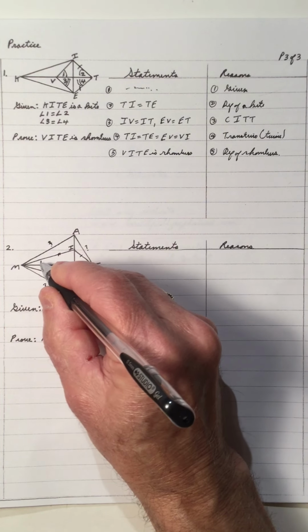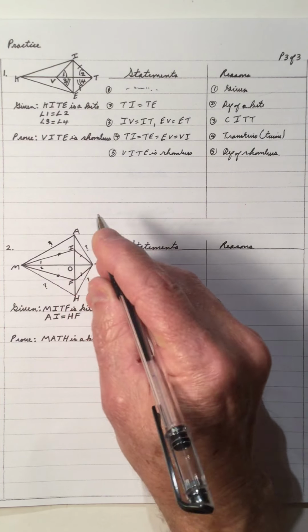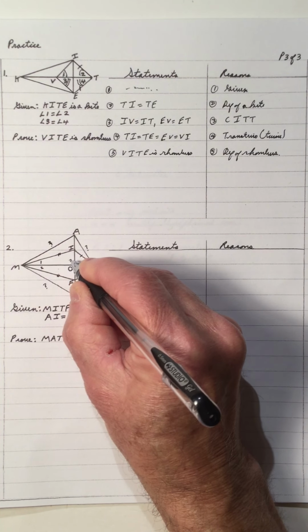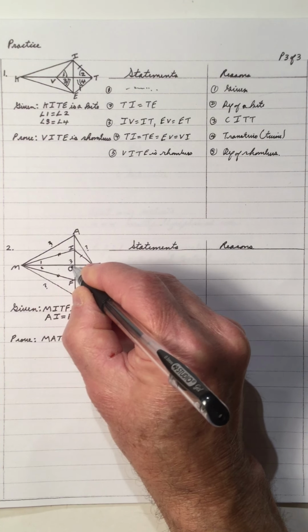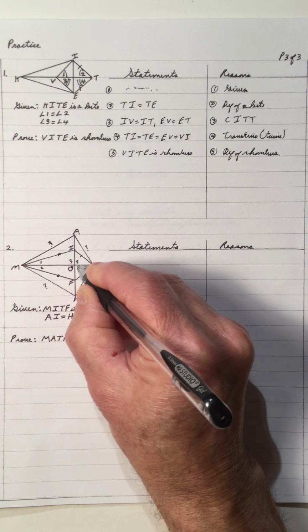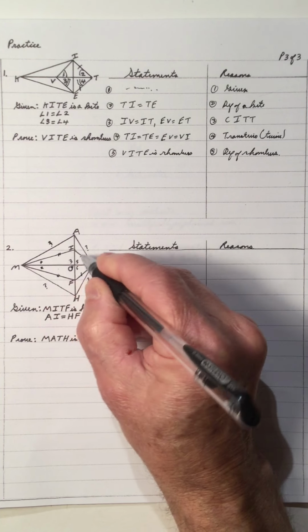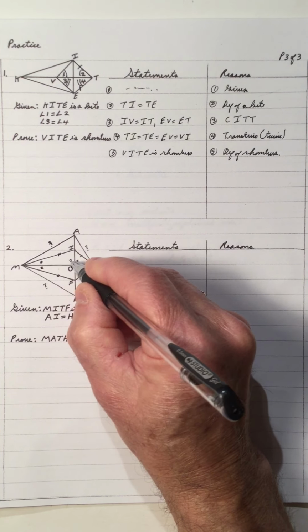So I could go with 1 and 2, get congruent triangles and work that way. But I'm going to put 3 and 4 there and get the other triangles later on the other side. So I'm not going to use 1 and 2 here; I'm going to use these two angles, 3 and 4.